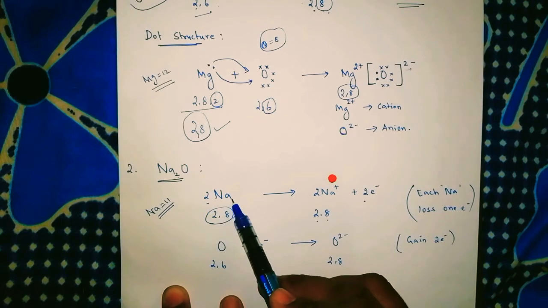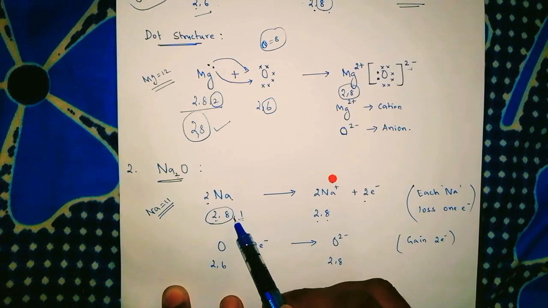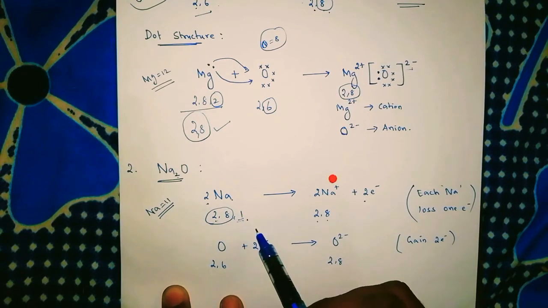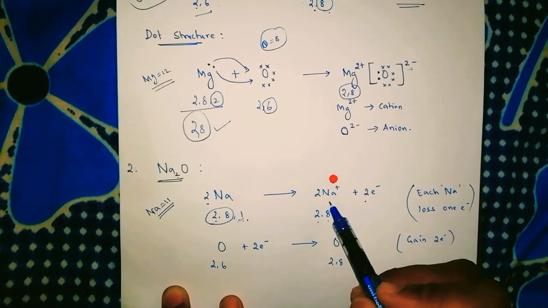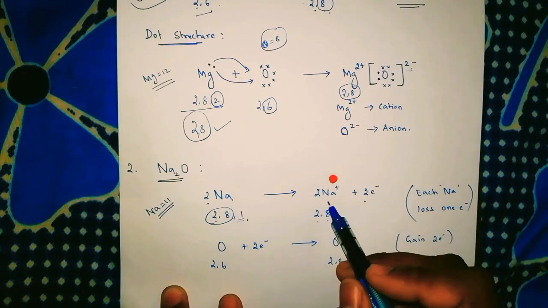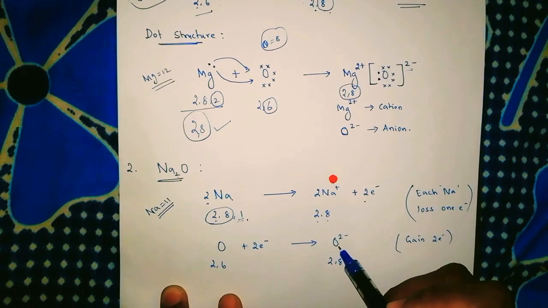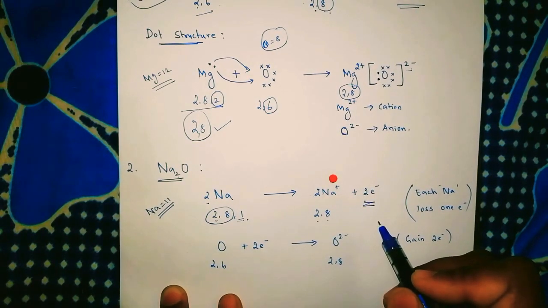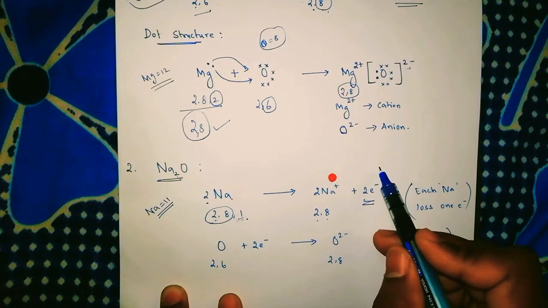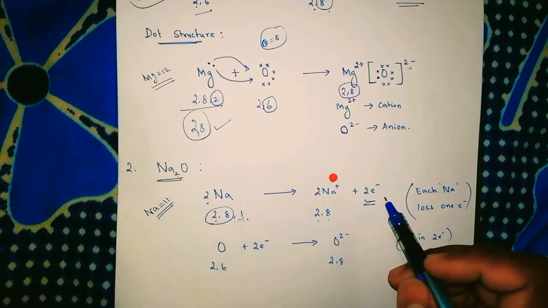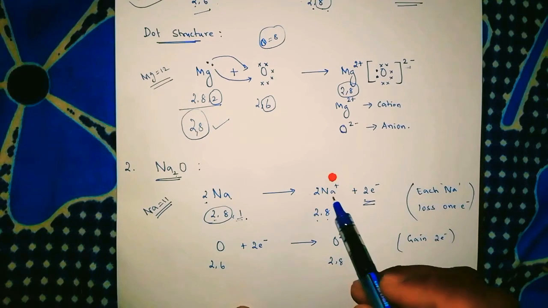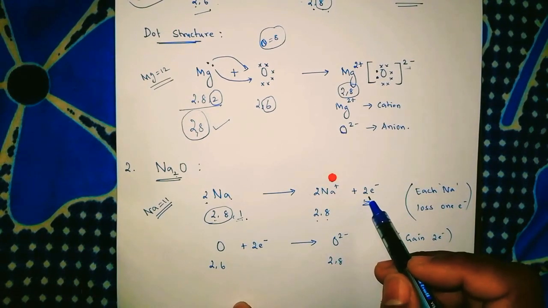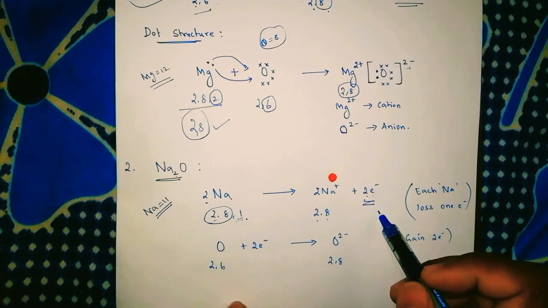Each sodium has 2, 8, 1 electronic configuration, and each sodium is losing 1 electron. After losing an electron, each sodium gets 1 positive sign. And how many electrons does it lose? 2 electrons. Will you understand? Here it is not 1 electron. Each sodium is losing 1 electron. That is why we are mentioning it as 2 electrons.